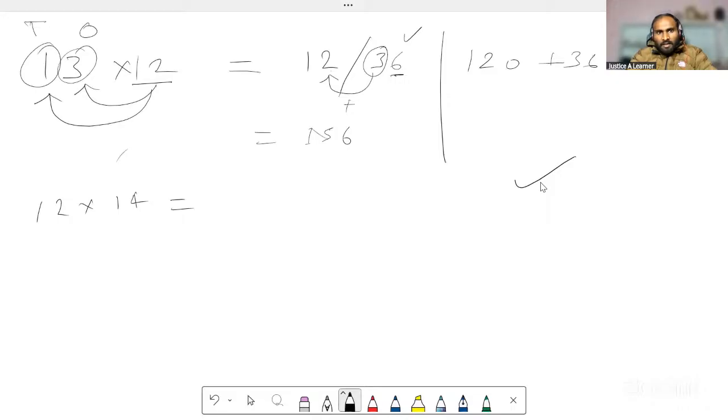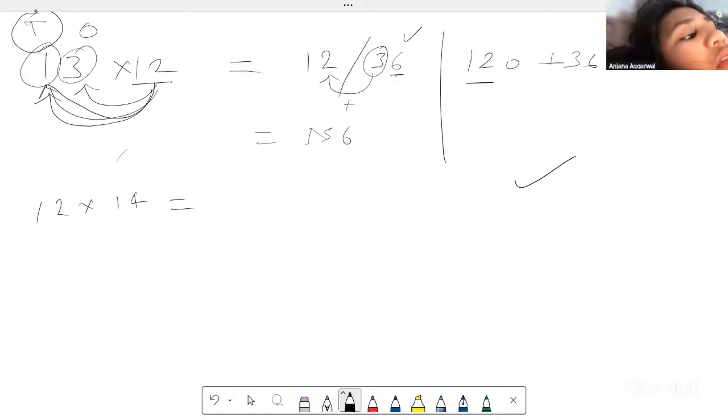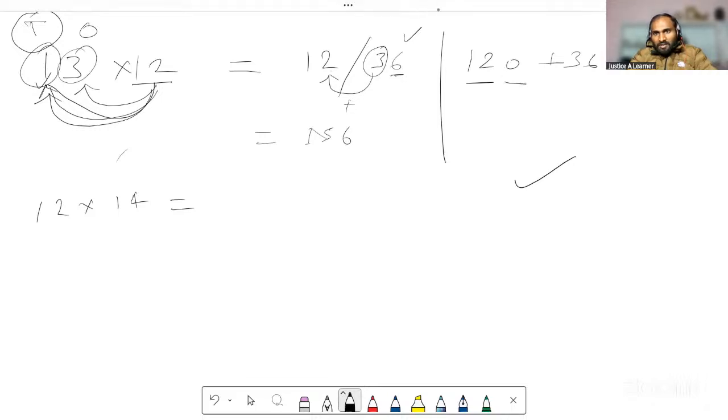This is simply 12 multiplied with 1 is 12, right? But I know this is standing at the tens place value, right? I hope you know place value. Do you know that? Yeah. So I actually multiplied it with 10. So I will put 10 because 10 holds 10, right?